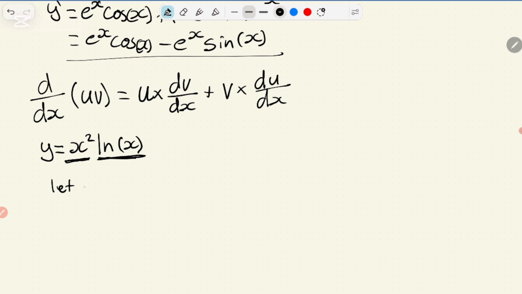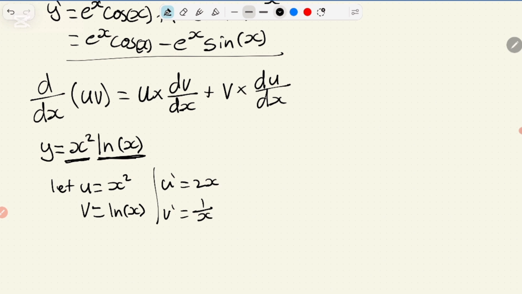Let u equal x squared and v equal ln of x. Again, we need our u dash, which is the derivative of u, which equals 2x. And then we need our v dash, which is the derivative of v. And the derivative of ln of x is simply 1 over x. Okay, now we have everything. We can plug it straight into our formula.